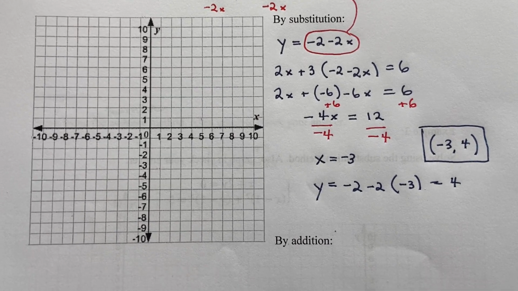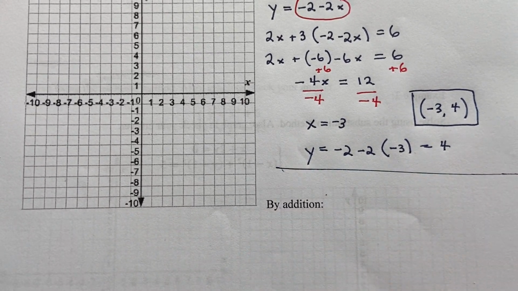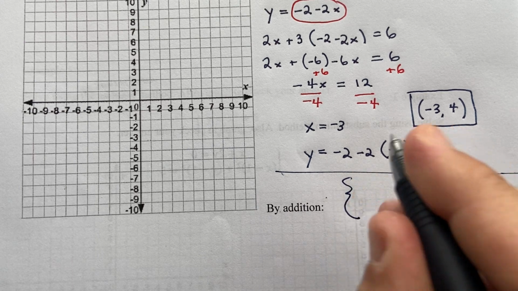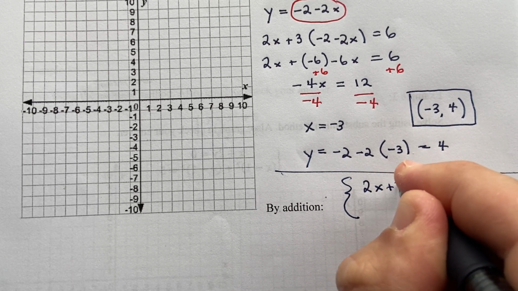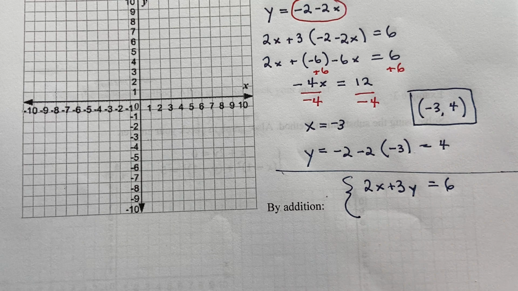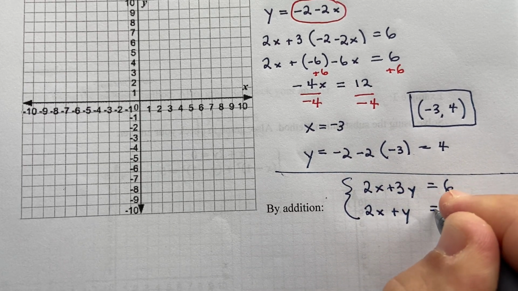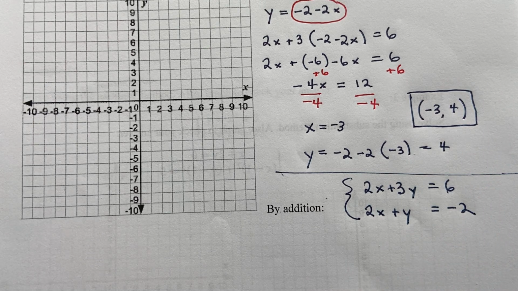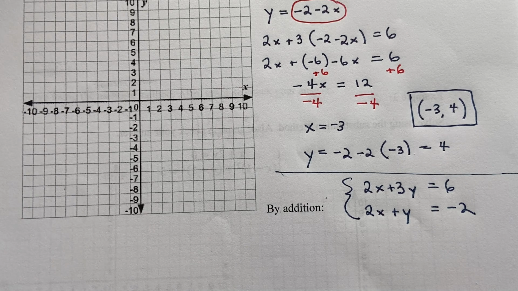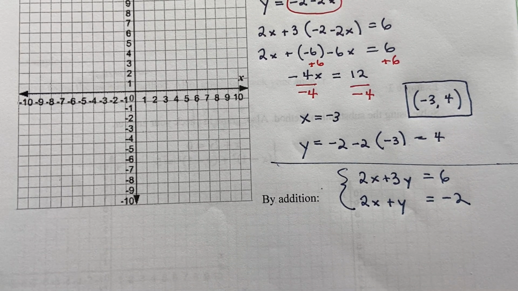So what about the addition method? We saw some of this a while back too. I'll write down this system again. So the elimination method was also something we called this. So addition/elimination method.